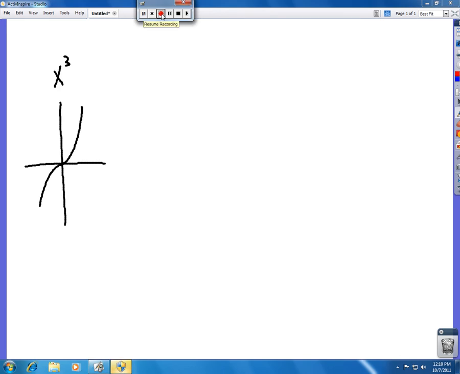As we've just previously seen, and it's even in your book, the graph of x cubed looks something like this, depending on your x values and your y values. But it'll be doing this type of shape on your xy axis. So this is f of x equals x cubed.